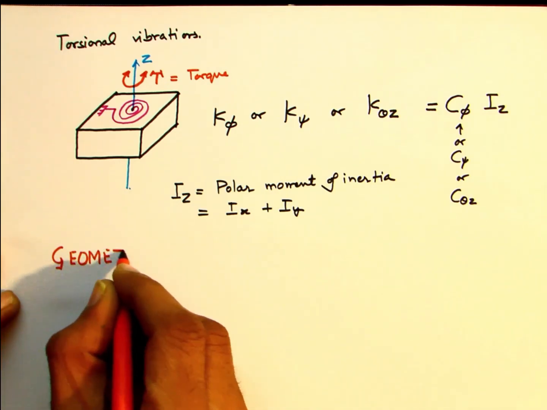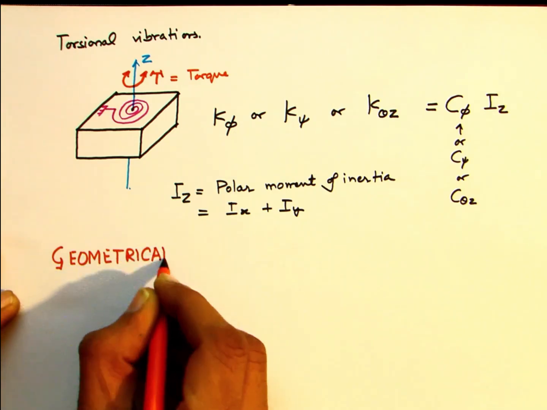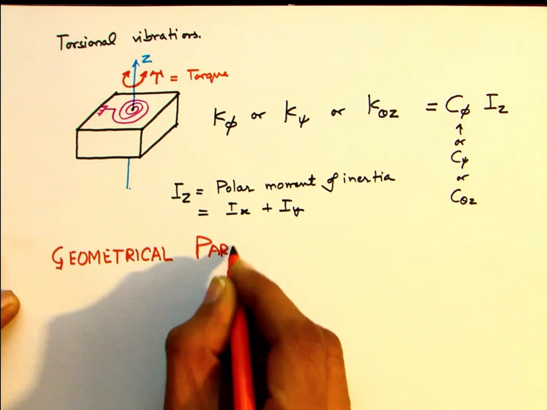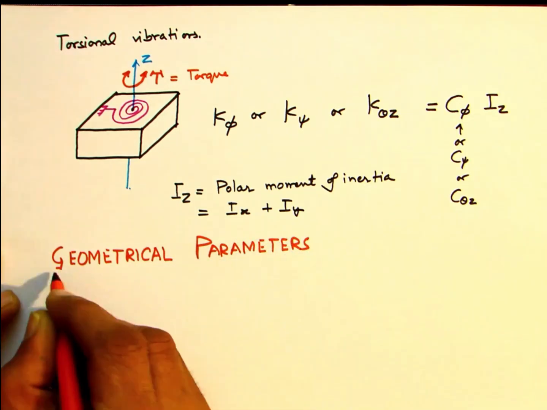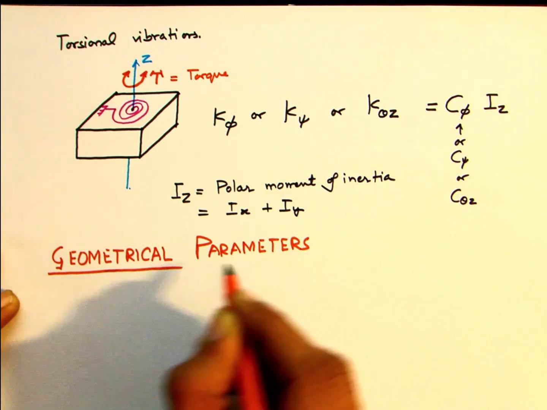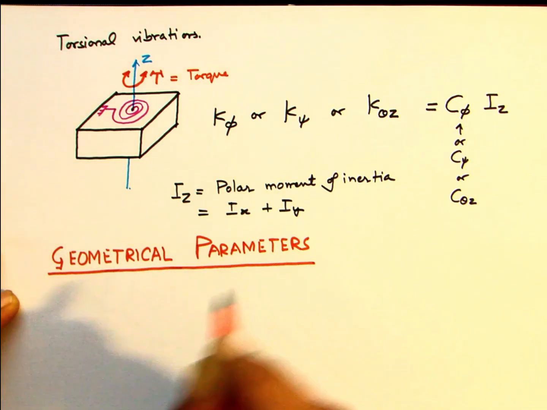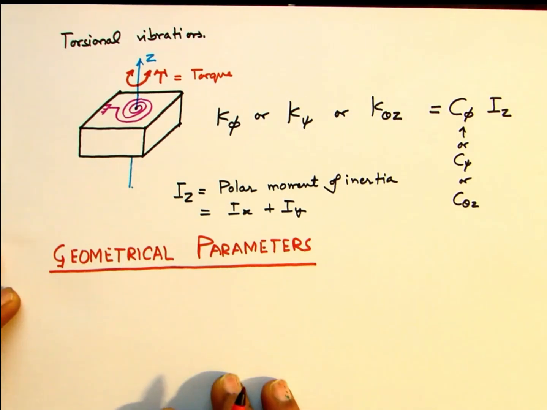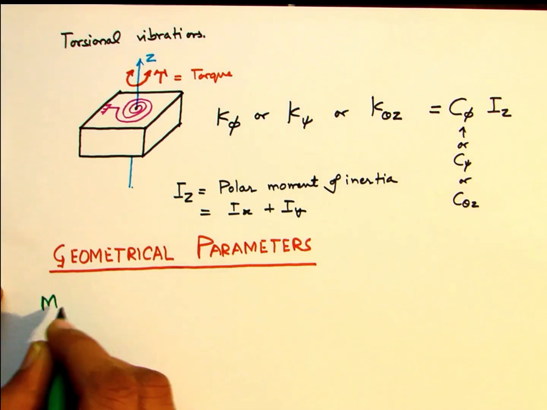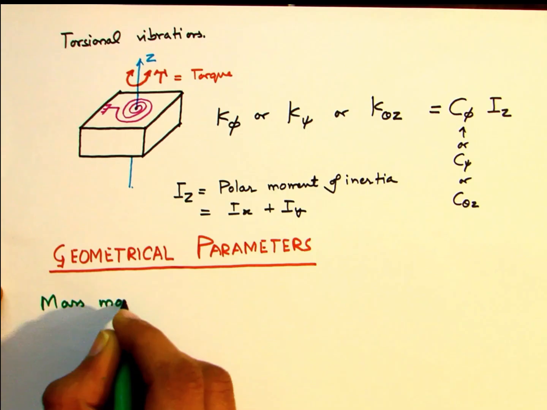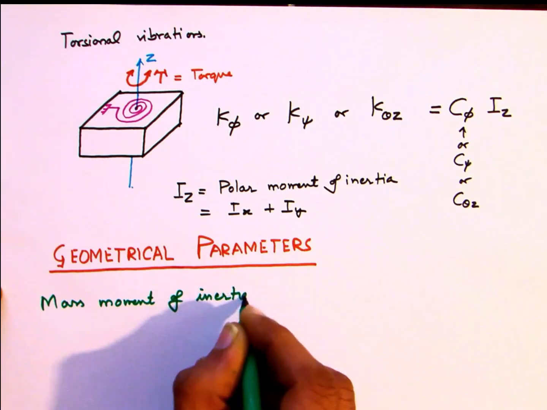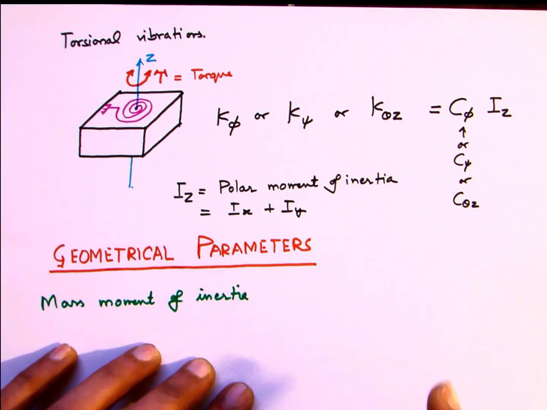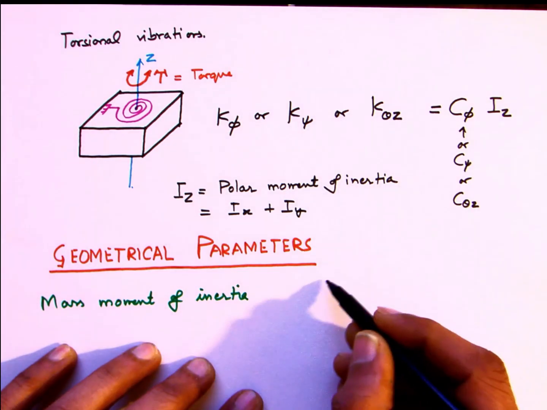Now, having learnt the elastic constants, let's also list the various geometrical parameters associated with the block foundation. We are not discussing the simpler ones, namely the area and the moments of inertia, but we are straightaway coming to the mass moment of inertia.